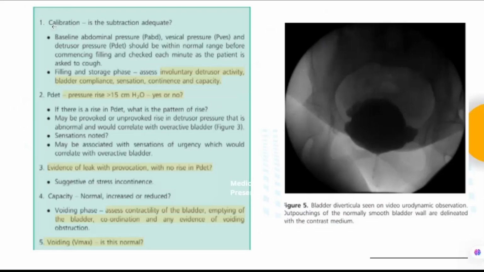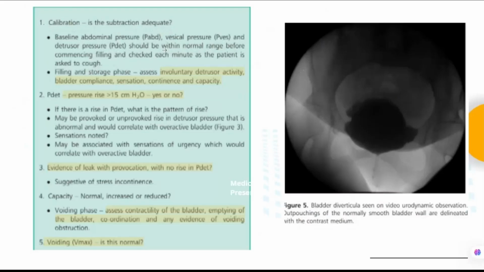When you are interpreting the test, always look for the calibration, whether the subtraction is adequate. That means P abdominal, P vesical, and P detrusor pressure should be within normal range before commencing filling, and checked each minute as the patient is asked to cough.